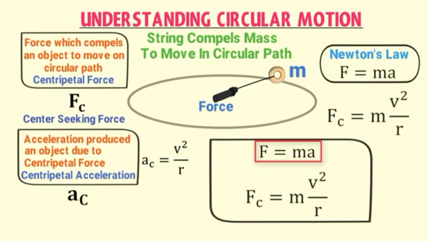When F acts on mass m, linear acceleration a is produced, while Fc is centripetal force and ac is centripetal acceleration. When Fc acts on mass m, centripetal acceleration ac is produced in mass m. Note it down that the direction of centripetal force and centripetal acceleration will always be towards the center.